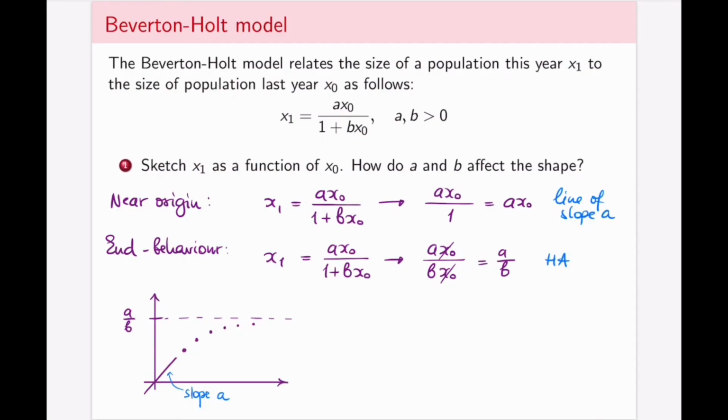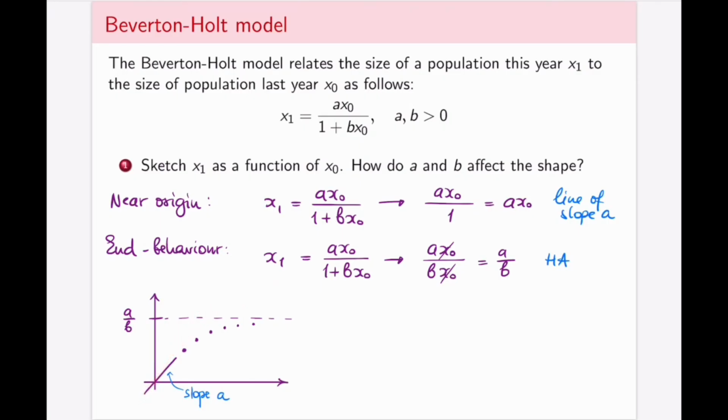Now let's think a little bit more about what these a and b mean in terms of our graph. Notice that the larger the value of a, the steeper the initial slope will be, and if a is bigger, that means this horizontal asymptote will be higher. So larger values of a mean a steeper original slope and a higher plateau level for my function.